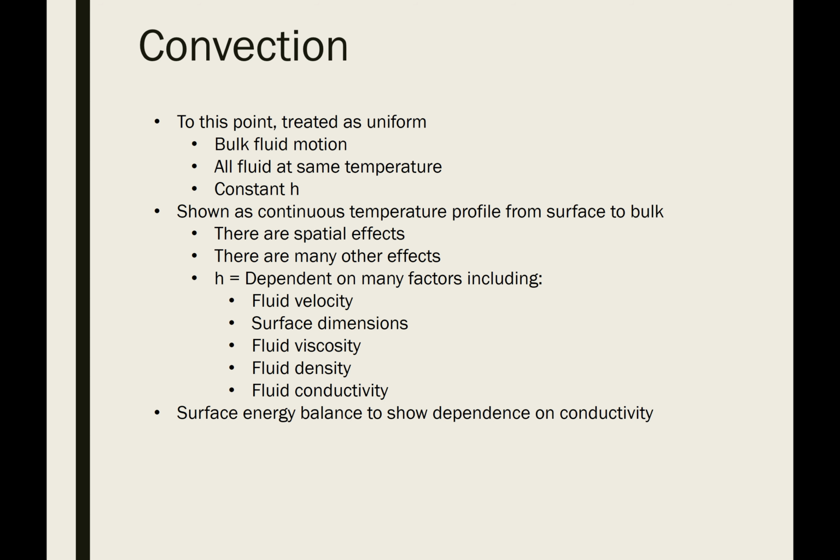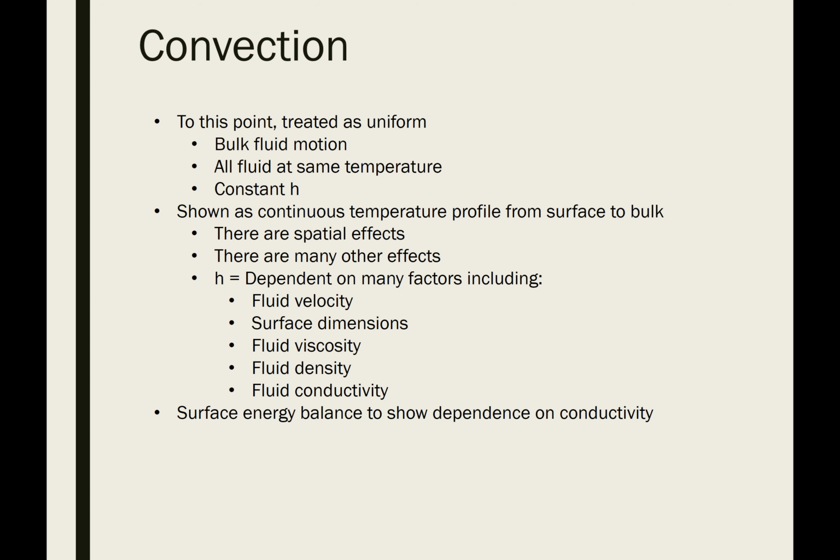Okay, so to this point, we have treated convection as happening uniformly over the surface due to bulk fluid motion with all the fluid at the same temperature, and we've also assumed that h, our convective heat transfer coefficient, is constant. So it's shown as a continuous temperature profile from surface to bulk.